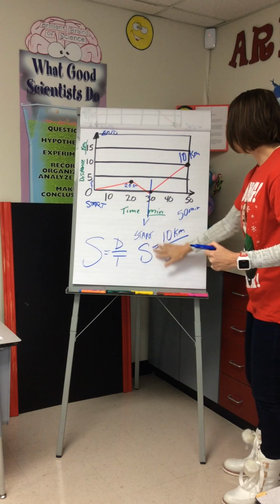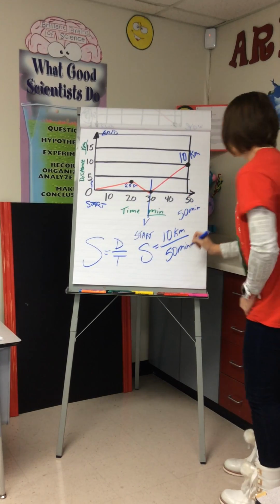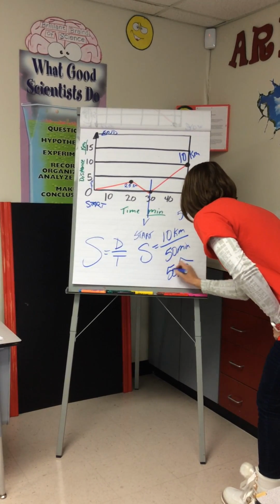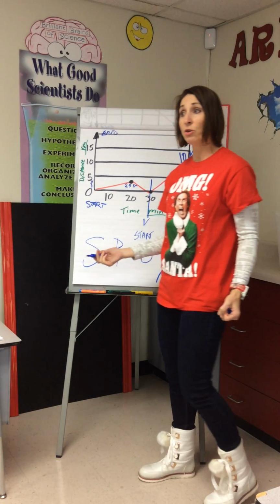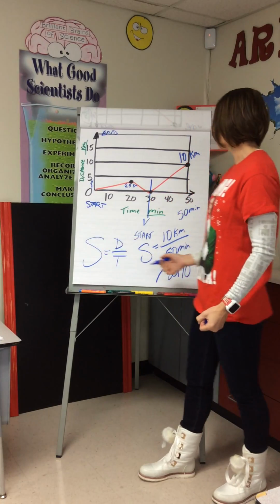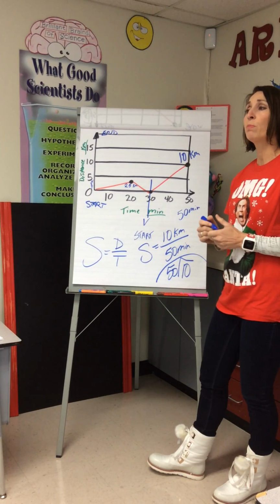You write everything down correctly, and then you turn around and divide wrong. This would be 10 divided by 50. Use a calculator. I'm letting you use calculators. Do not try to do this in your head.